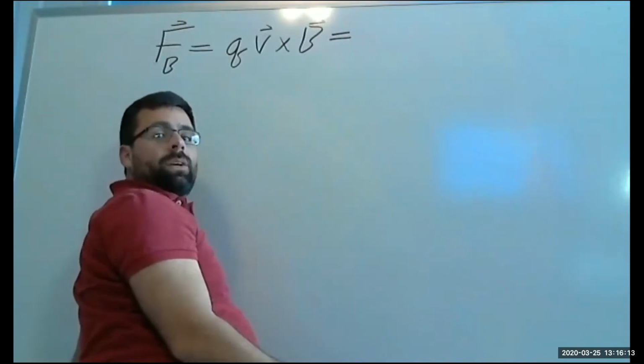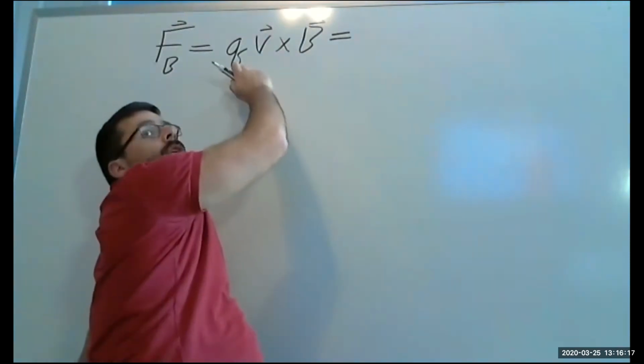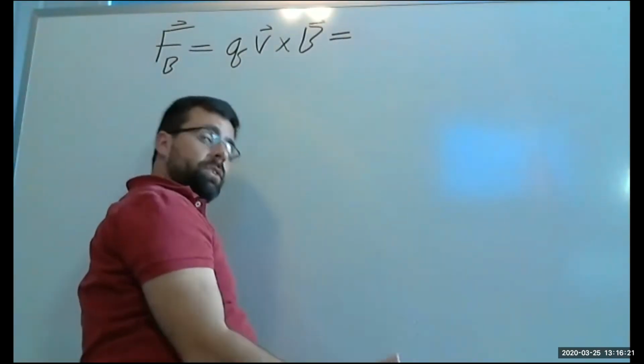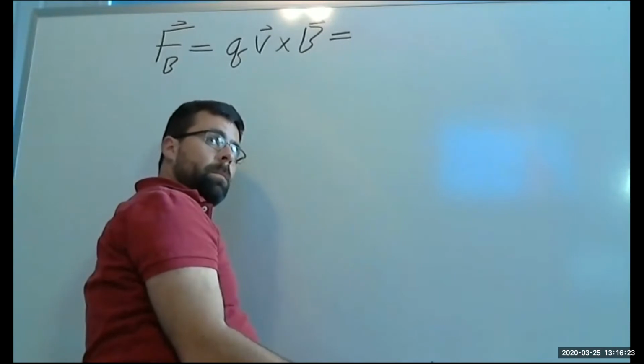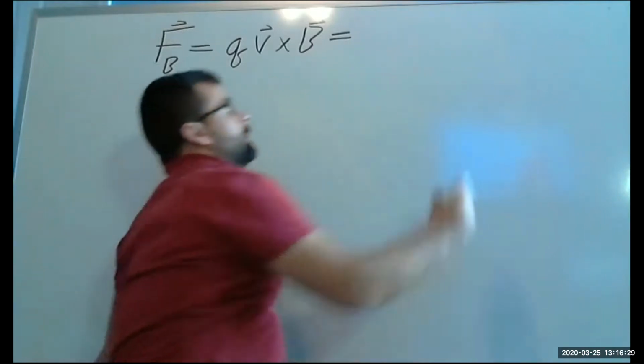So we said that there's two different ways of thinking about this: about a single charge that's moving, and then about a bunch of charges that are moving. But what is a bunch of charges that are moving? Current. Also, you have to put I in somewhere.